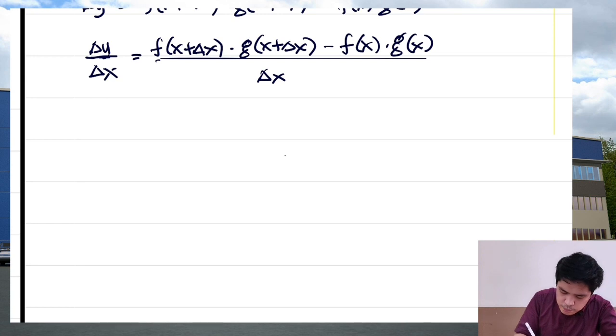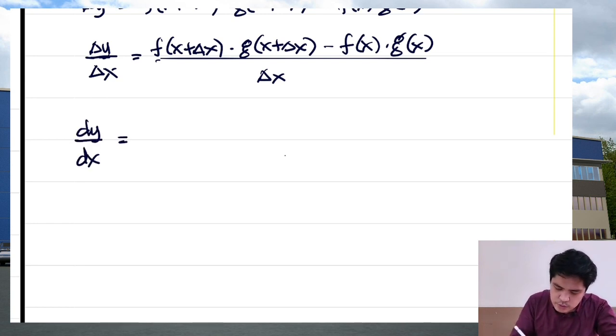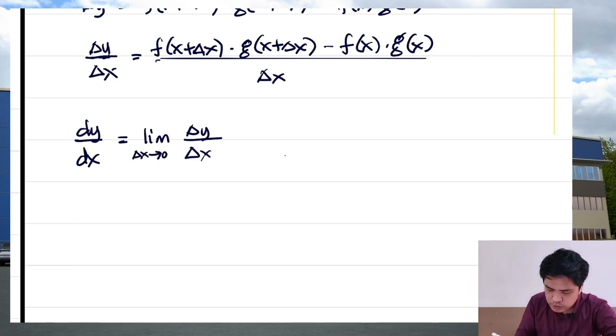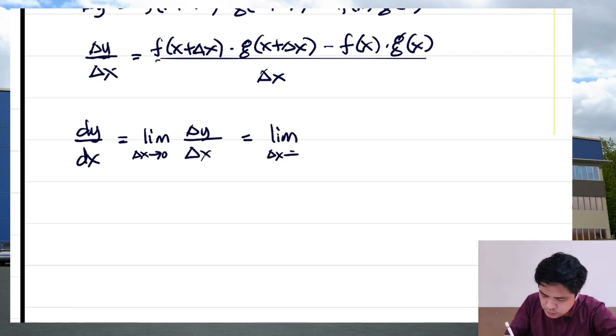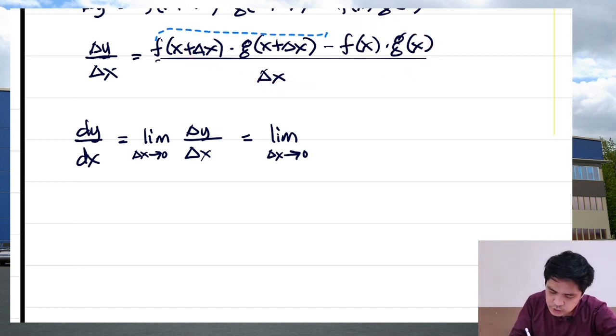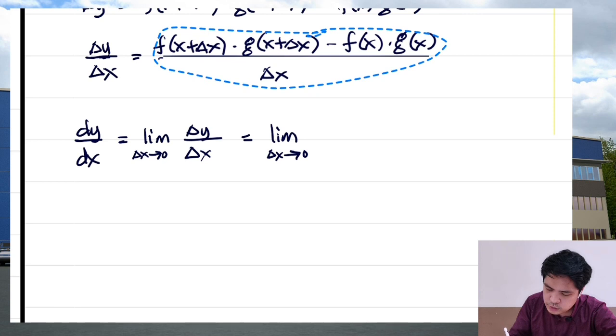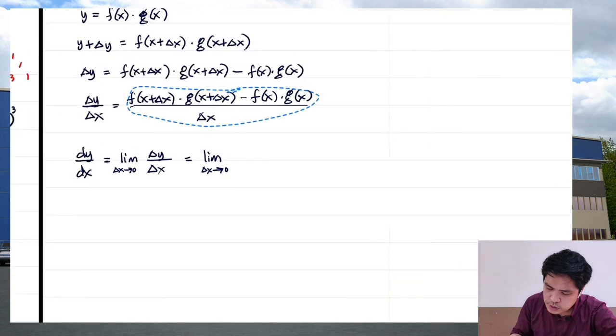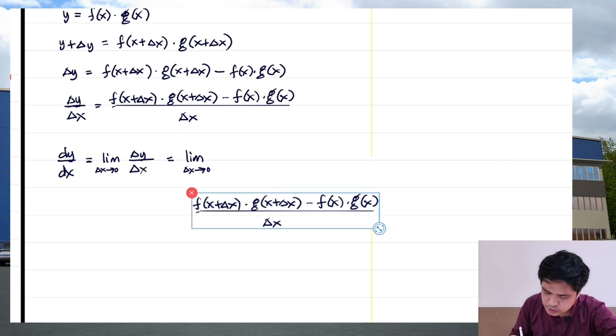So therefore we'll have dy over dx or y prime, that's equal to the limit of delta y over delta x as delta x approaches 0, okay, which is equal to the limit as delta x approaches 0 of this function. So kopyahin muna natin this function. Okay, so let us copy that, then let us paste that here.